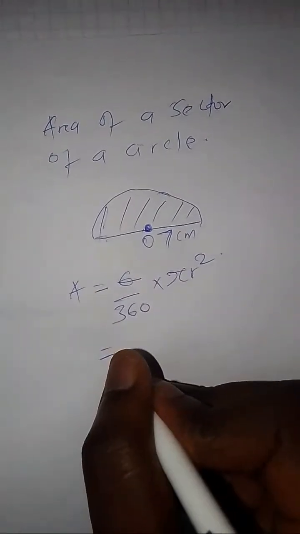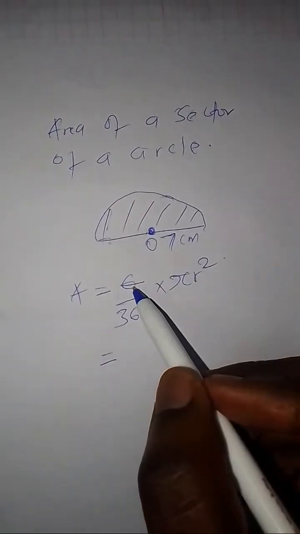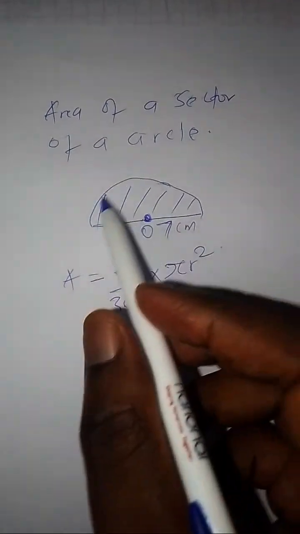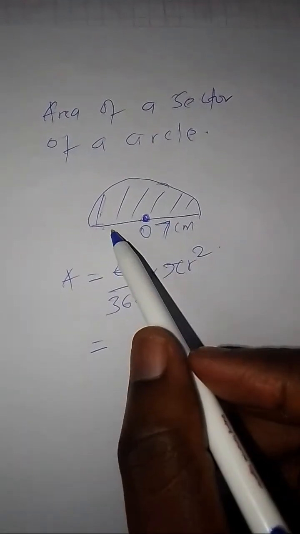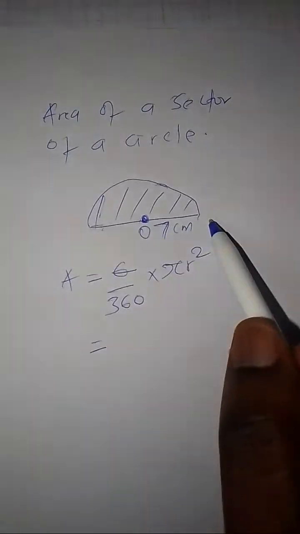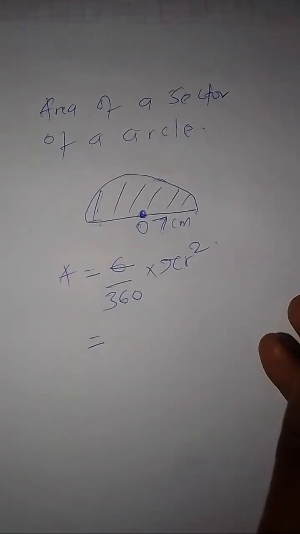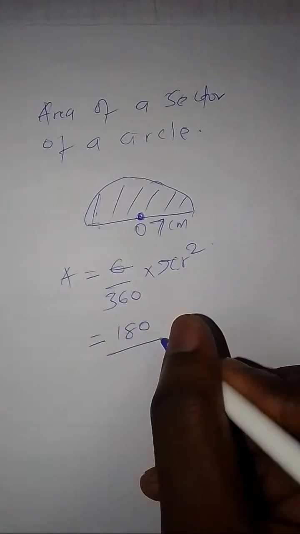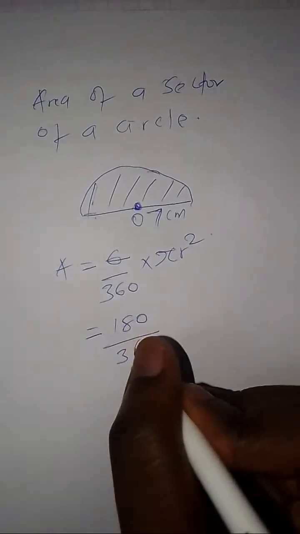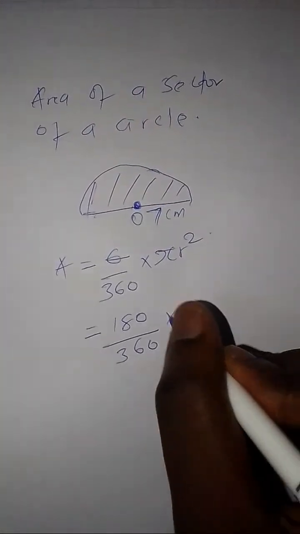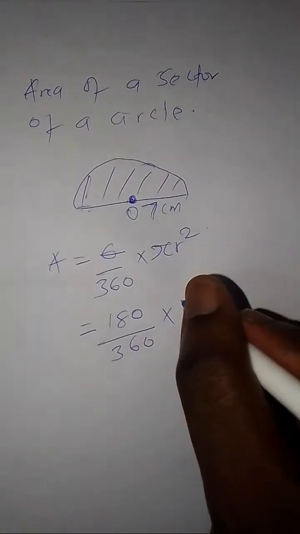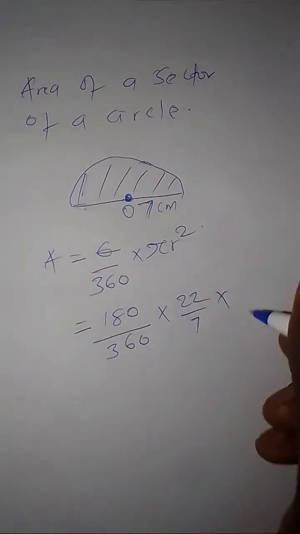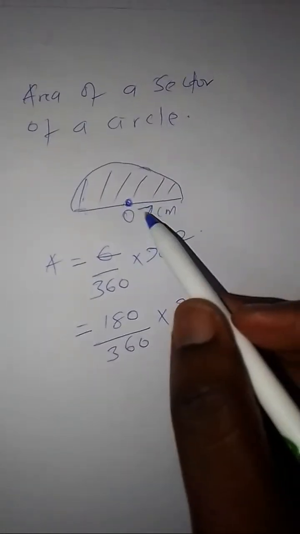Now we shall find theta. Theta is the angle of this figure here, which is 180 degrees, because angles on a straight line add up to 180 degrees. So we shall have 180 degrees divided by 360 multiplied by pi, which is 22 over 7, times the radius.